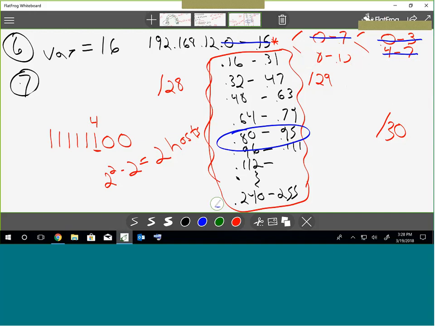Where you would not be able to do it would be this. Let's imagine that we had 8 and 15, and we went down here and used 8 to 11, 12 to 15. And we decided we need to use this one, so we're going to pull it out and use it. Well, now we have to mark this out, because if we try to use this, you would overlap.